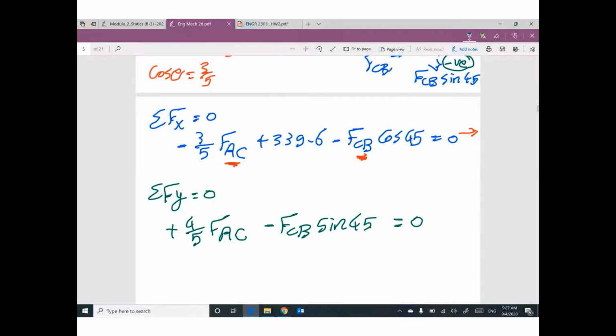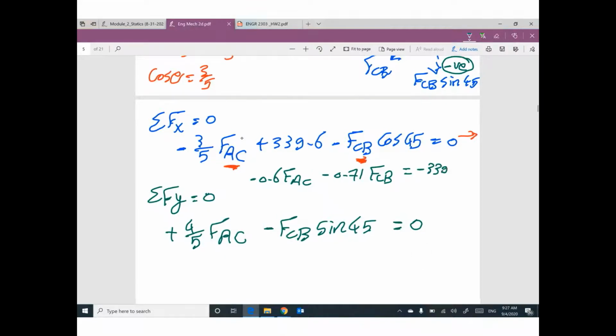Actually, we have two equations for two unknowns. We can simplify the first one: negative 0.6 FAC, negative 0.71 FCB equals negative 339.6. I moved this term, which is positive, to the other side, so it becomes negative.